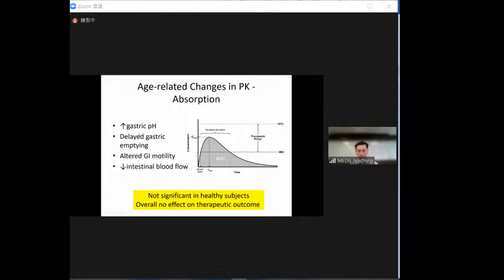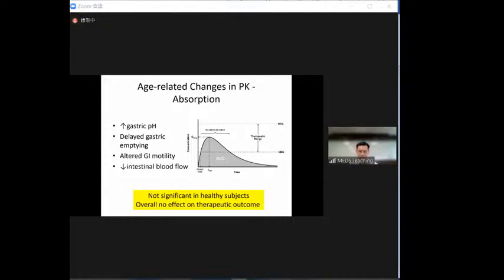Overall, there are some physiological changes in the gastrointestinal tract, such as a decline in the gastric acid secretion, leading to an increase in the gastric pH, decline or delay in the gastric emptying, altered GI motility, and also decrease in the intestinal blood flow.